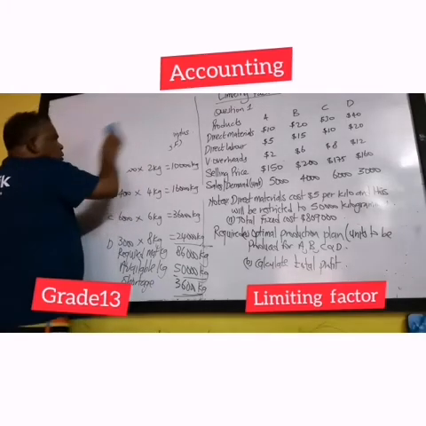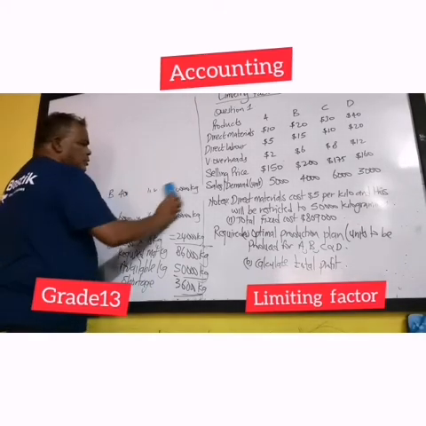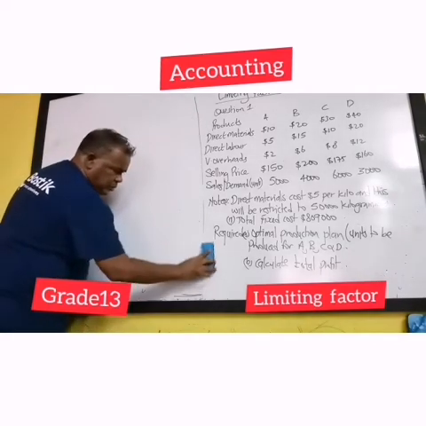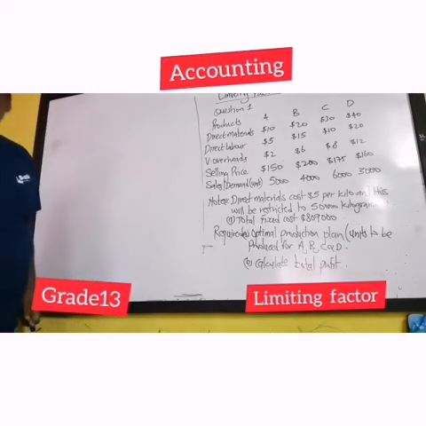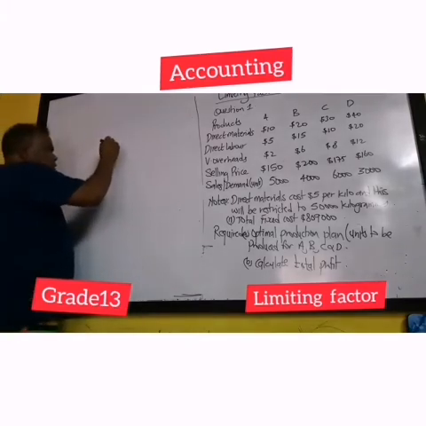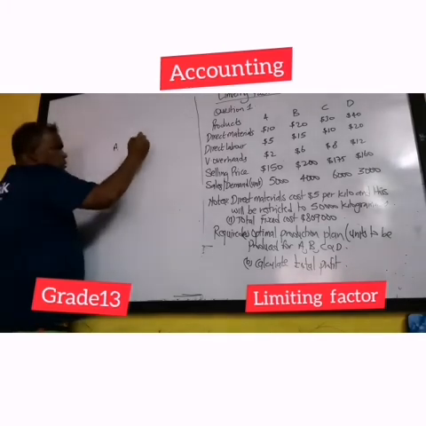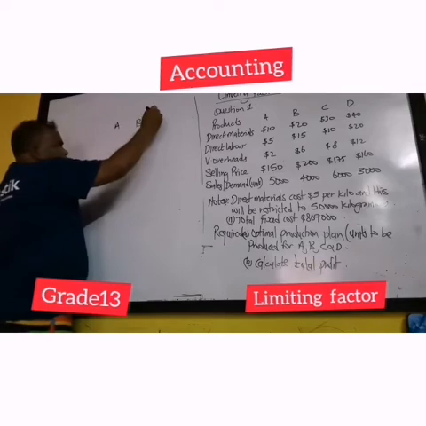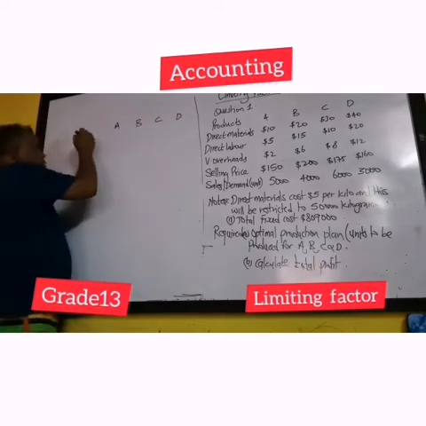Now the third one we are going to calculate is contribution per unit. Now we will have product A, B, C, D. Selling price: what is the selling price?